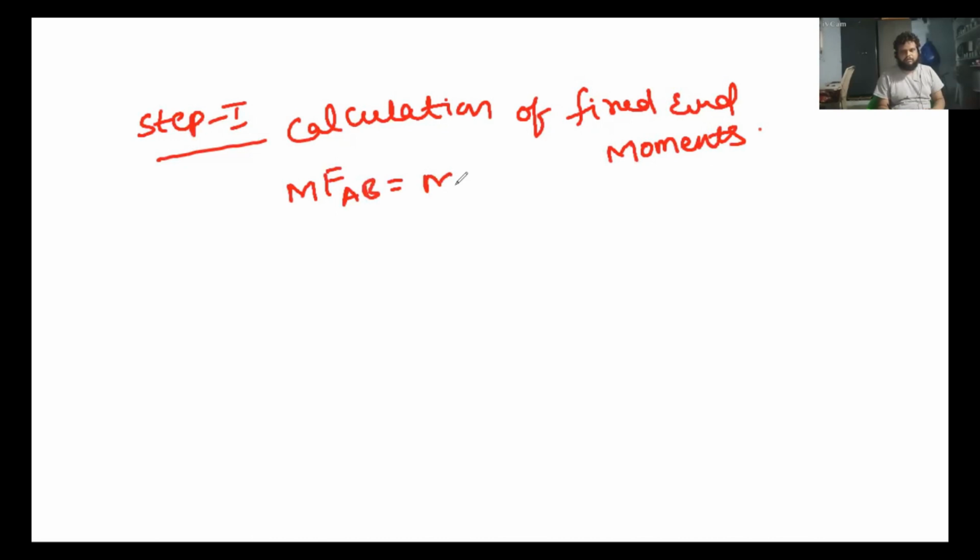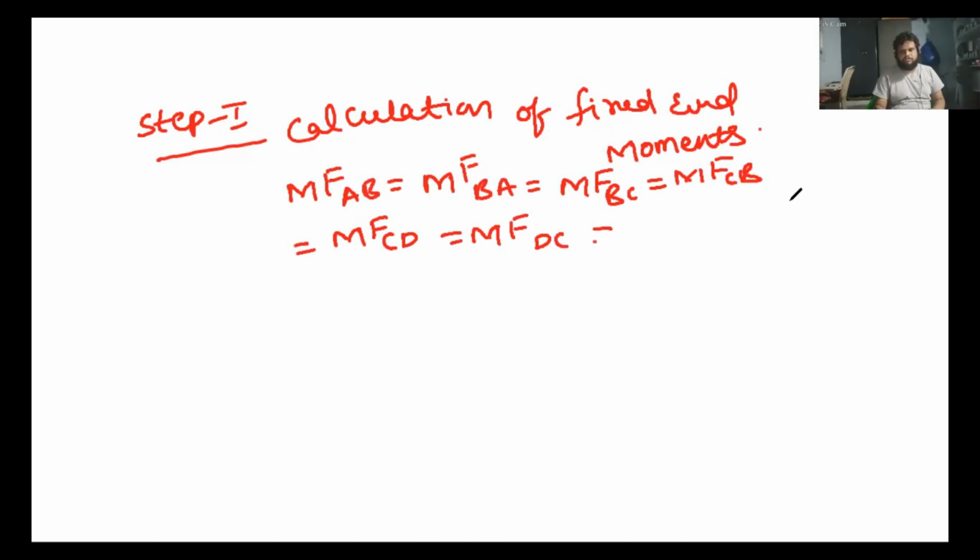MFAB equal to MFBA equal to MFBC equal to MFCB equal to MFCD equal to MFDC equal to 0. So everything is equal to 0.